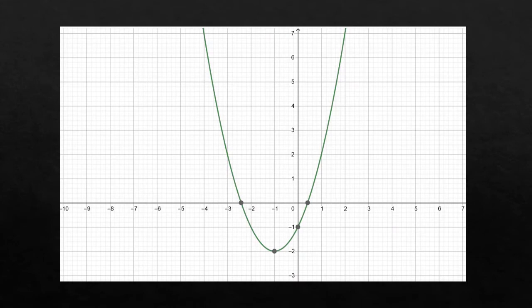When we graph a quadratic equation, it would look something like this. And the solutions of the equation here are the intersections of the graph with the x-axis. So we have two solutions here, which are approximately x equals negative 2.4 and x equals 0.4 here.